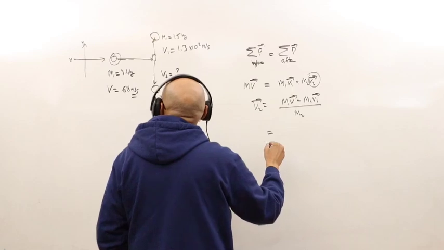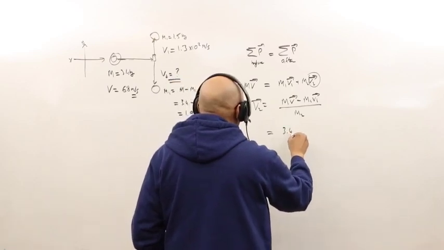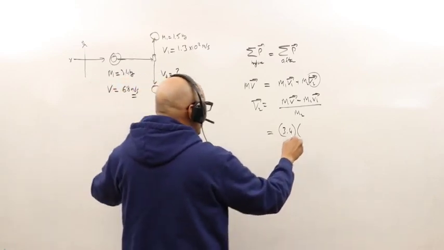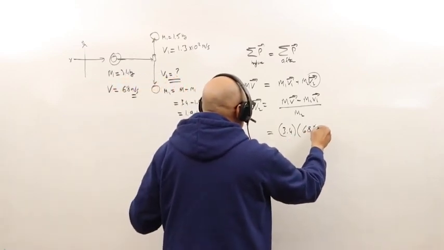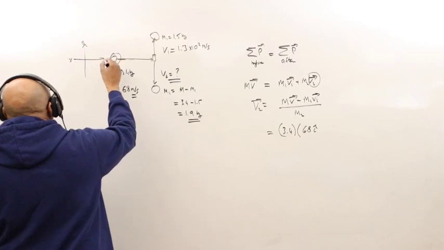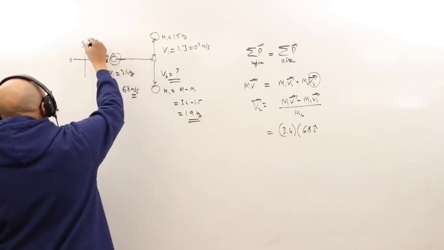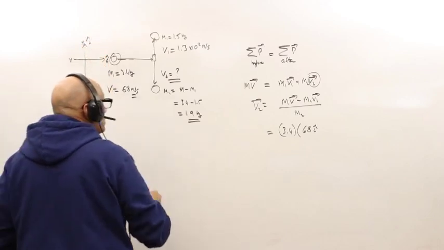The mass happens to be 3.4. The velocity of the original particle is 68 i hat. So remember, directional vectors: i hat is this way, and j hat is up in the y direction.